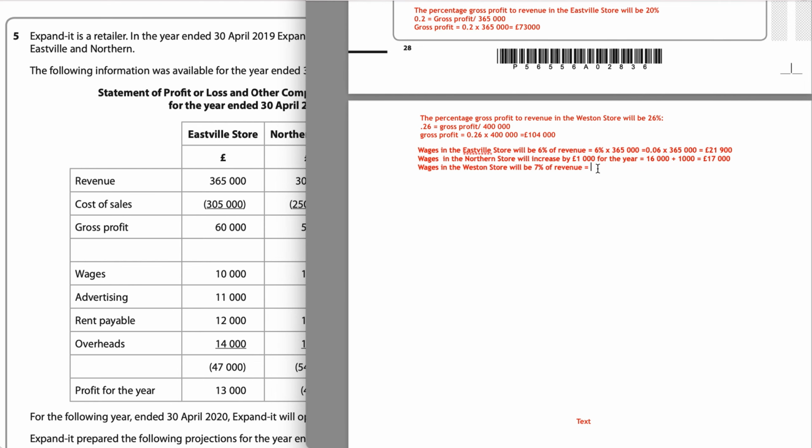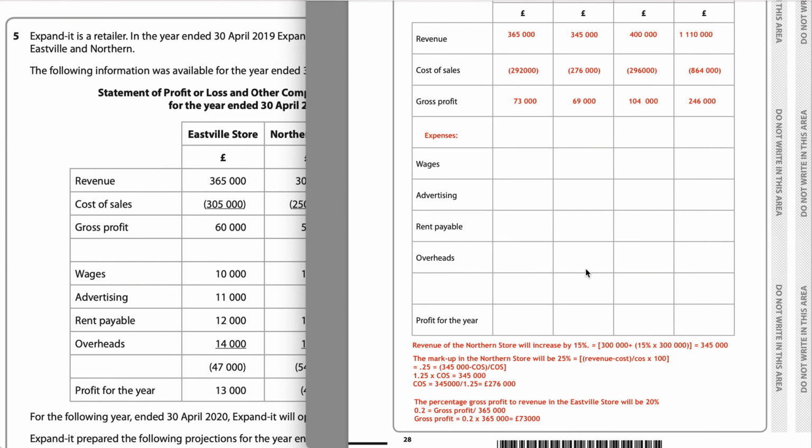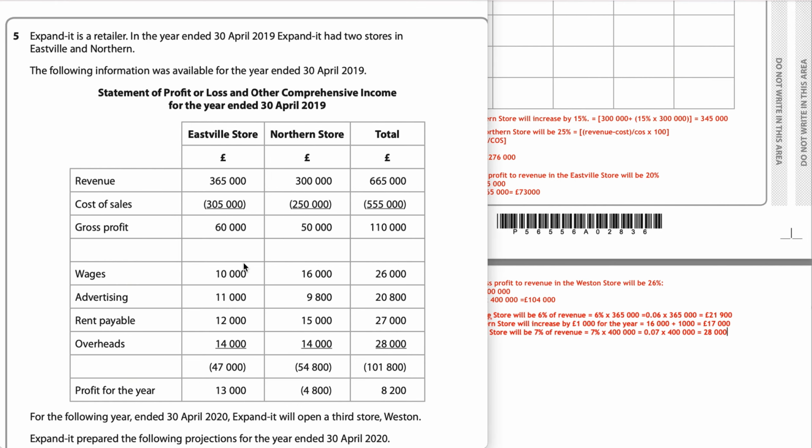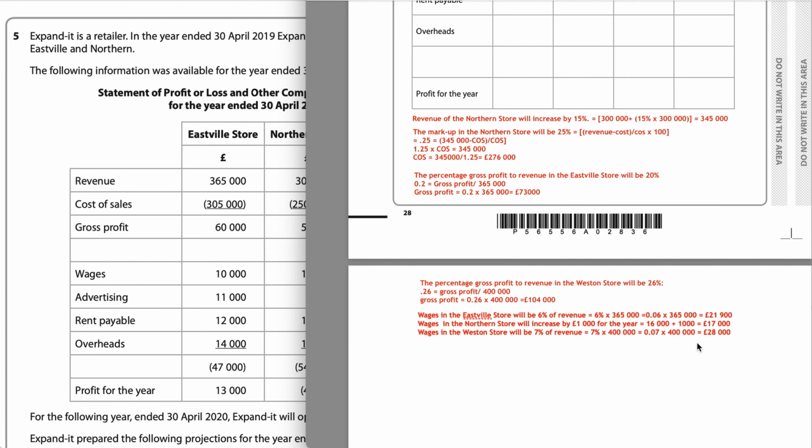So 7% of 400,000 is equal to 0.07 times 400,000, which is equal to 28,000. So that is 28,000.